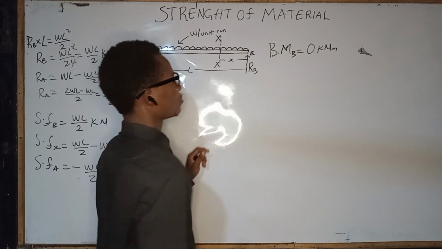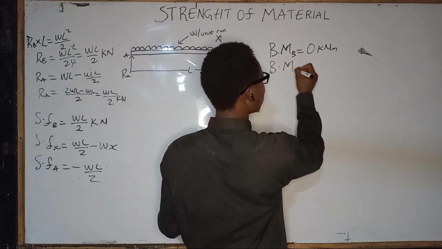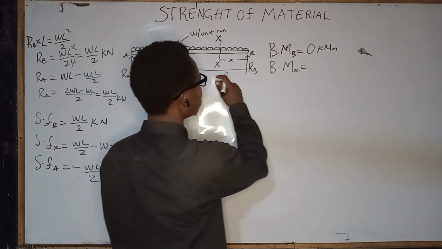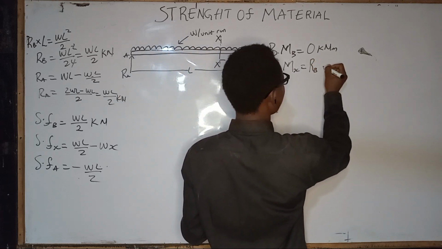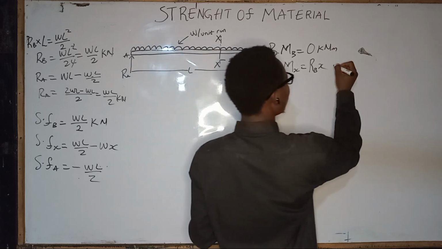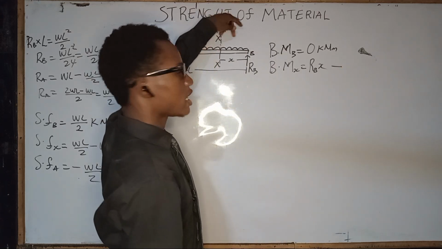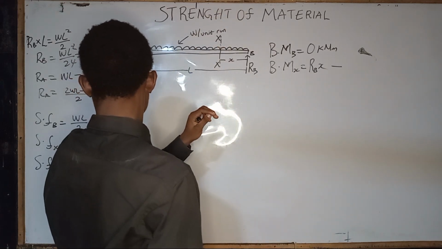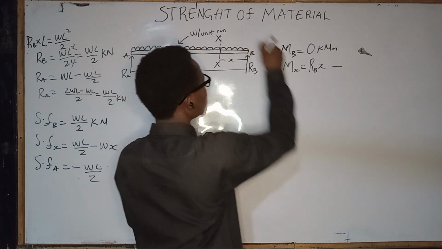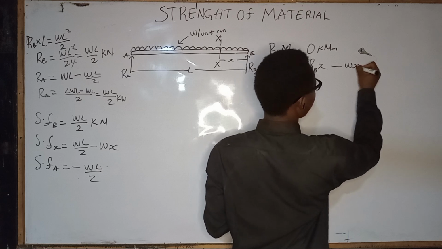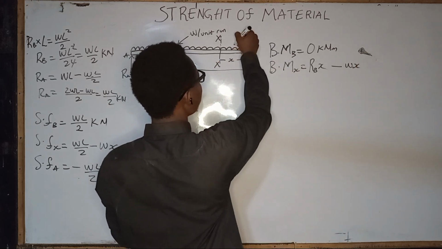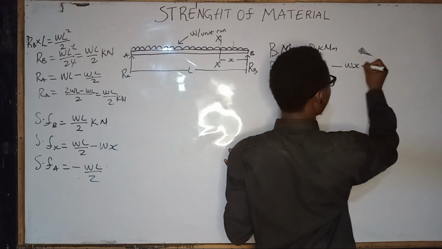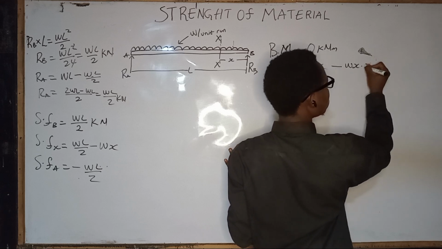The bending moment at X is equal to the reaction at B times X, which is R_B times X, minus the load coming from upward, WX, times the distance from its center, X over 2.